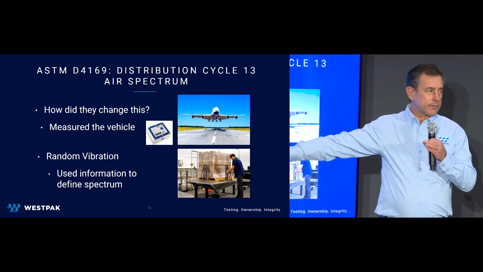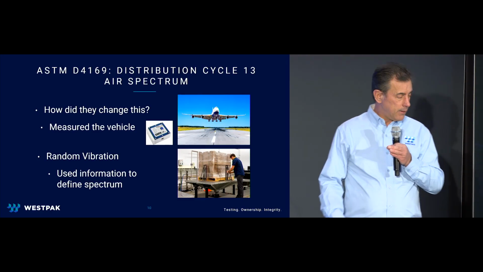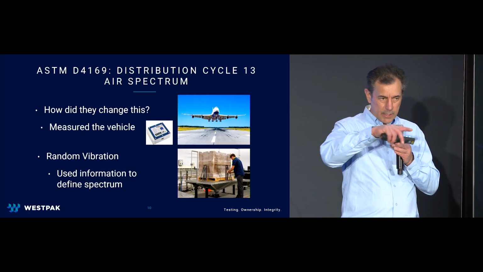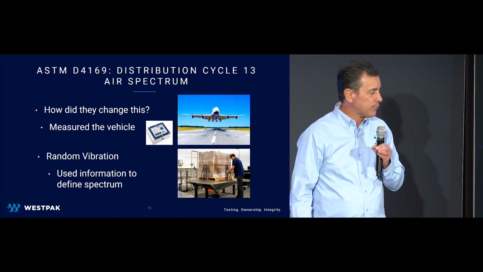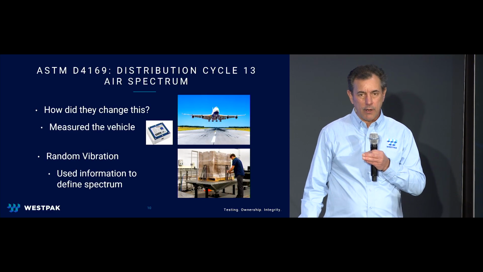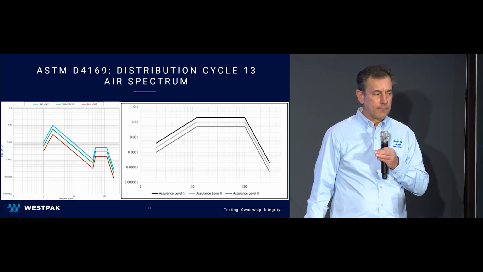That's how they measured it. They take the data, they record it, they analyze it, and then they create an envelope, because they can't capture every little wiggle, so they create an envelope over it, much like they did previously. And when they measured the airplane environment, this is what they came up with.